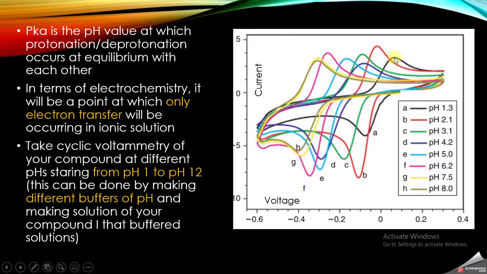Let's suppose I choose this peak for finding the pKa of the compound. I will measure the peak potential on the x-axis for this peak at pH 1.3, then at pH 2.1, pH 3.1 and so on, and make a table out of this data.